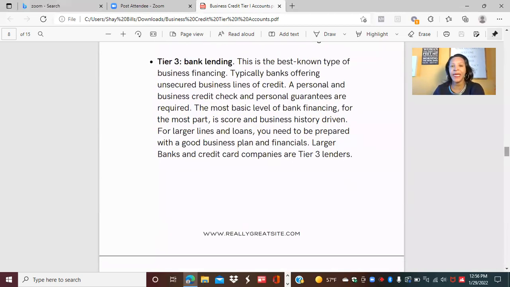Tier 3: bank lending, institutional lending, corporation lending, okay, credit cards. These all fall under tier 3 lending. This is the best known type of business financing. Typically, banks offering unsecured business lines of credit require a personal and business credit check, and a personal guarantee.